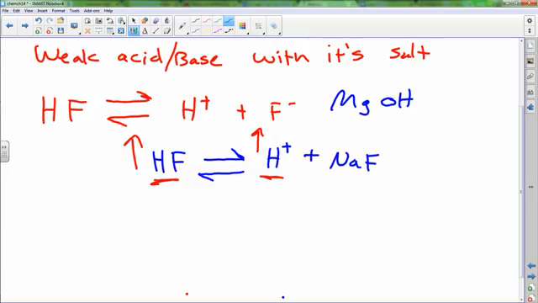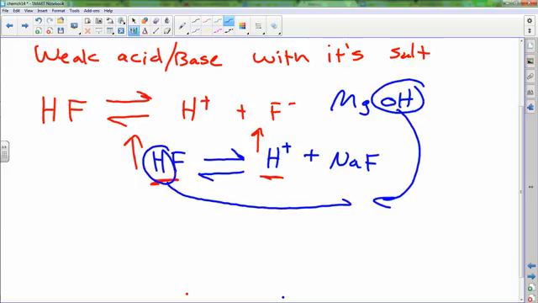Okay, this should make the solution basic. It should add a whole bunch of these OH and take a bunch of the extra H plus out. But what happens is, in this case, some of those OH is actually going to get attacked by the H off of the HF and will form water.